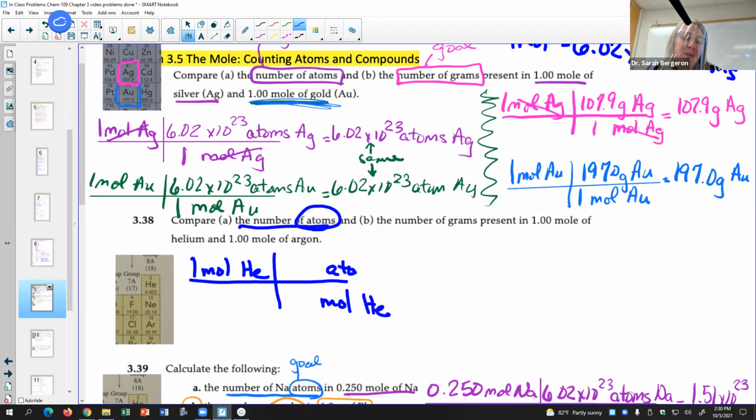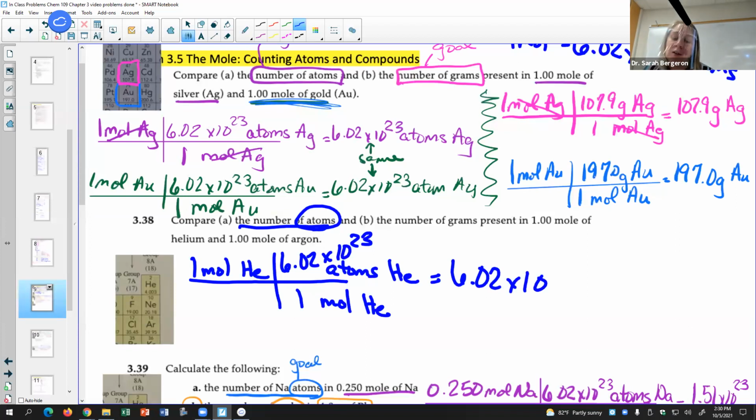Atoms. Do I have a conversion factor that will make that happen? Yes, it is 6.02 times 10 to the 23rd. I did not give myself enough room. So how many atoms of helium are in 1 mole of helium? 6.02 times 10 to the 23rd atoms of helium.